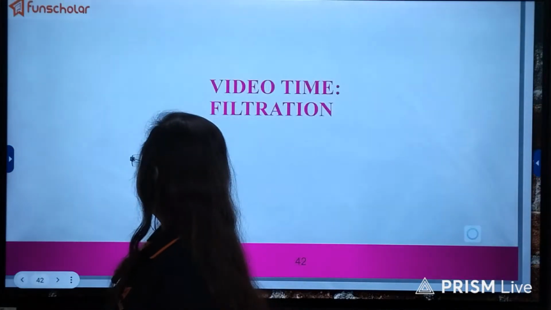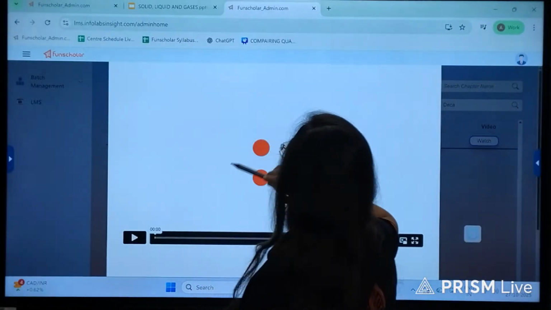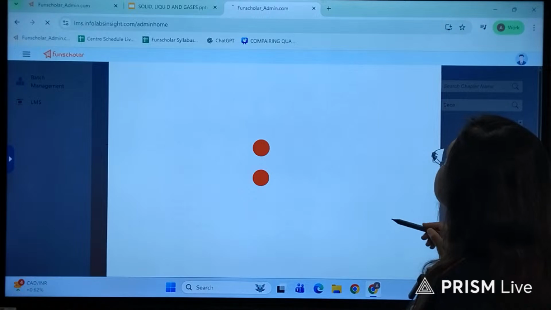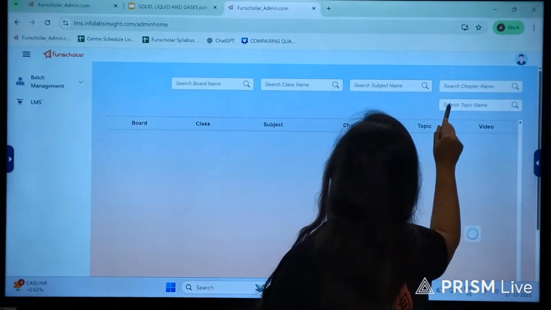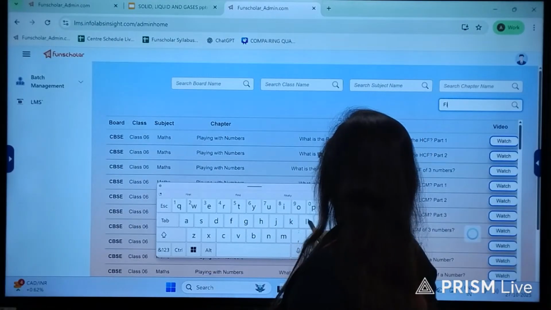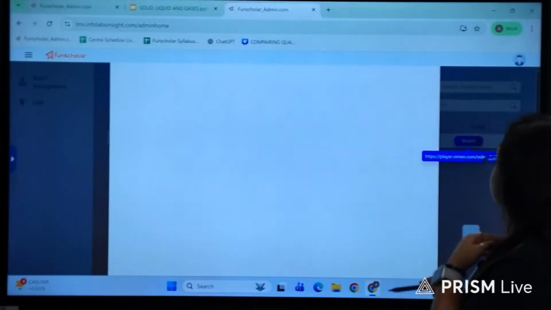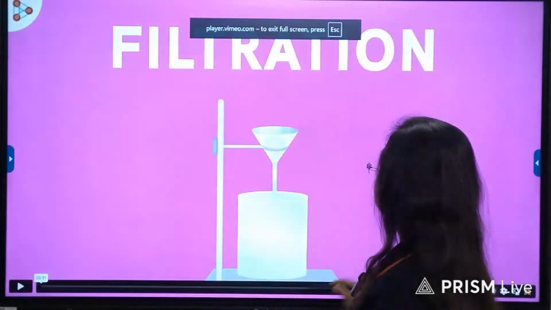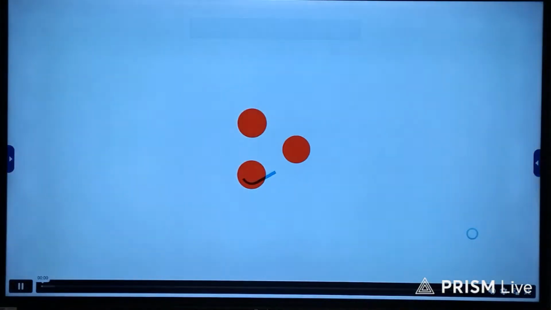Let's first watch this filtration technique.